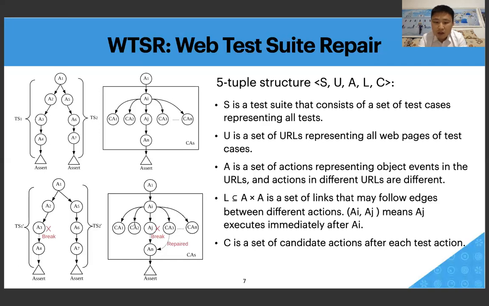It then compares the candidate actions to generate the candidate set. Then we try to identify a substitute action from the candidate set as a replacement of the broken action to repair the broken test cases.